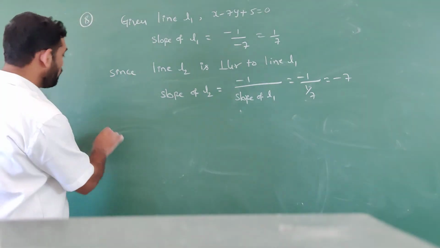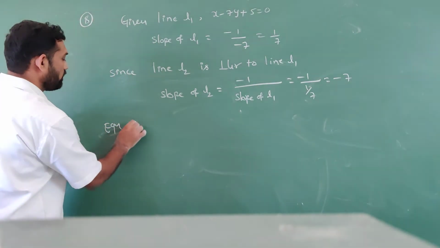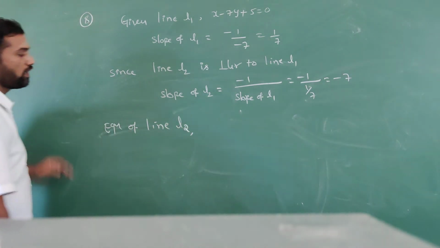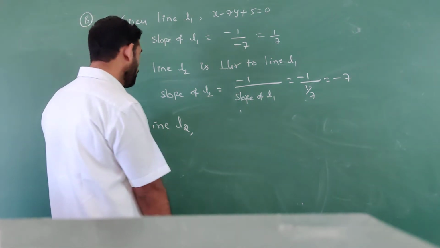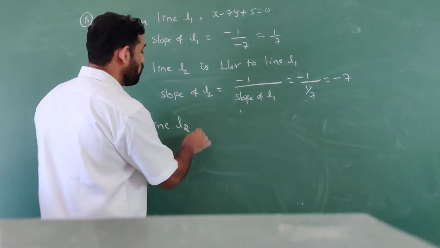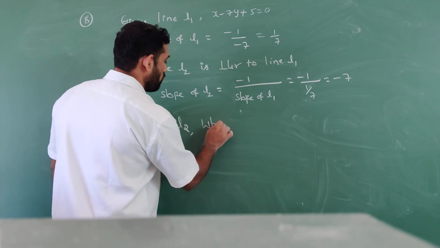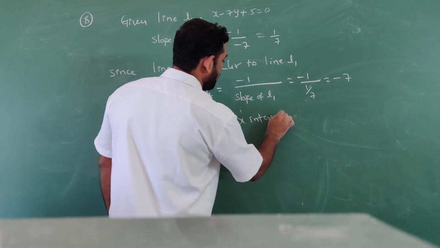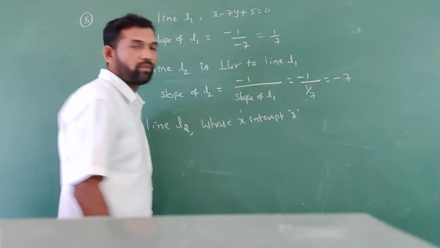So the equation of line L2, whose x-intercept is 3. X-intercept 3 means what?